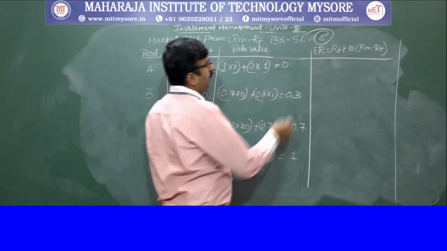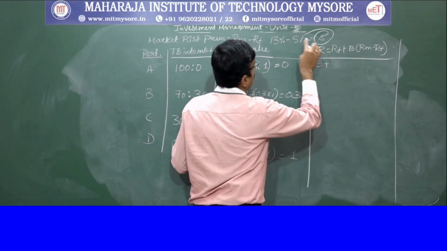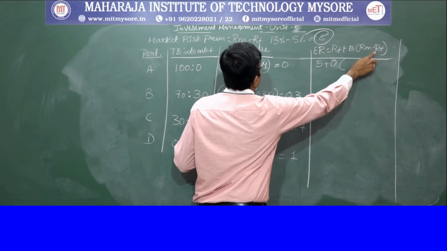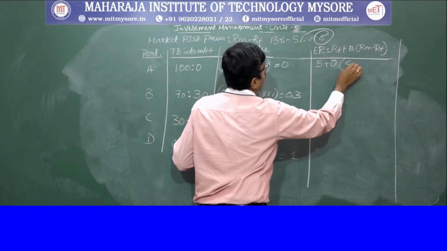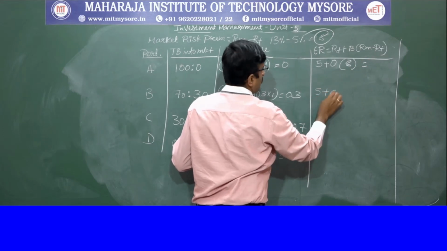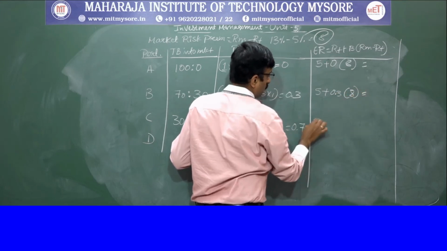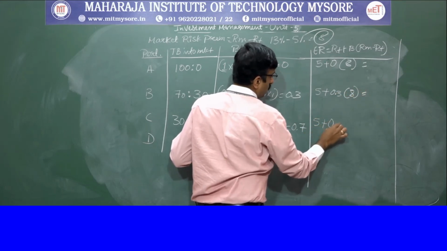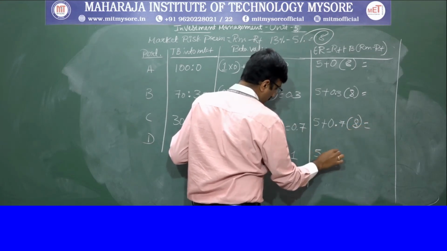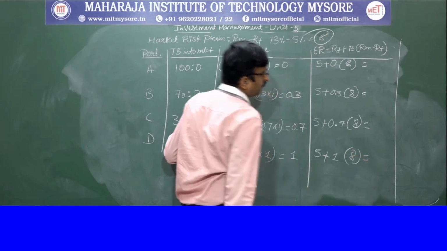So we calculate 5 plus 0 into 8, 5 plus 0.3 into 8, 5 plus 0.7 into 8, and 5 plus 1 into 8.